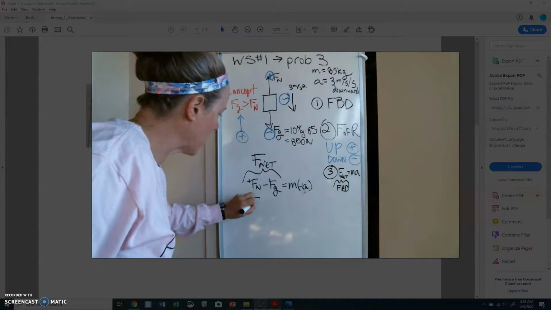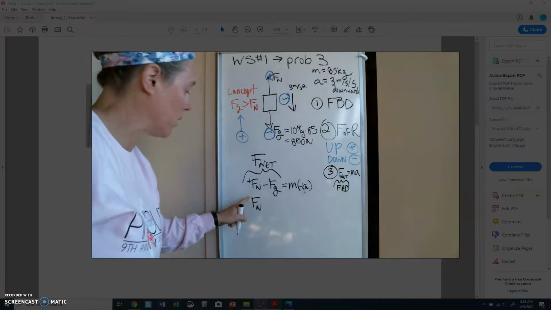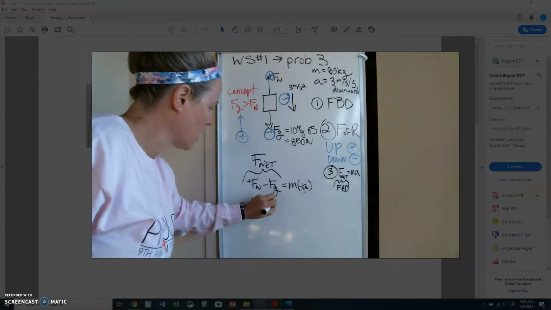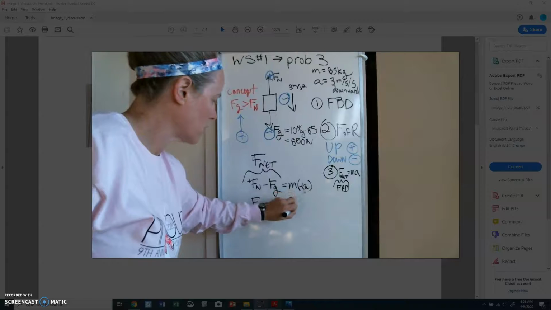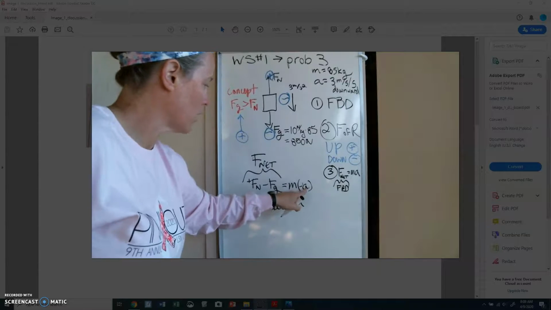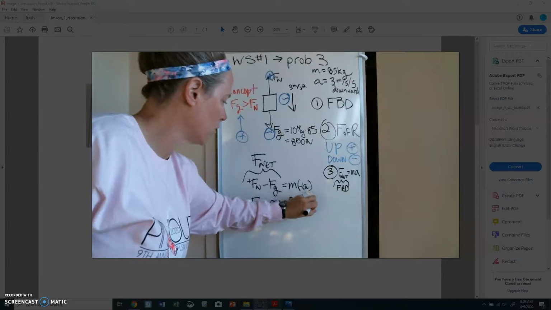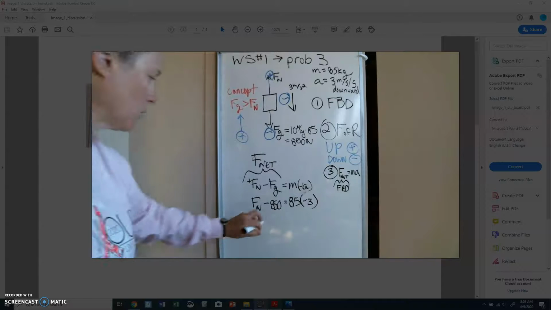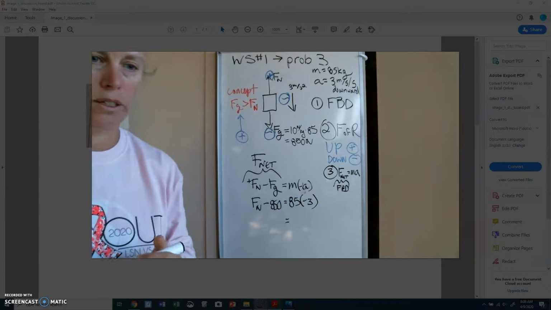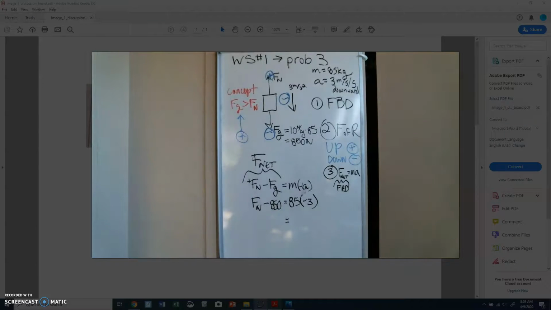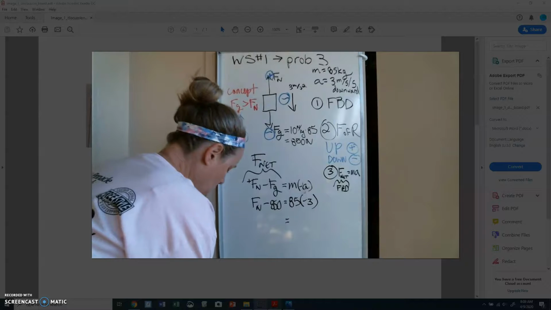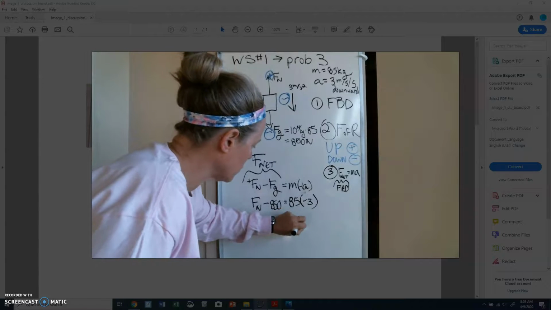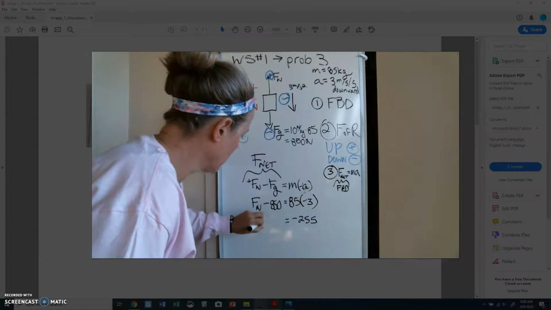So I've got force normal, I'm trying to find force normal, I don't know it, minus the 850, right? Mass was 85, and what was our acceleration? 3, so negative 3. So when I do this, oh gosh, I don't even know what 3 times 85 is. I could do math in my head, or not. 85 times 3, right? That's a negative 255, right?